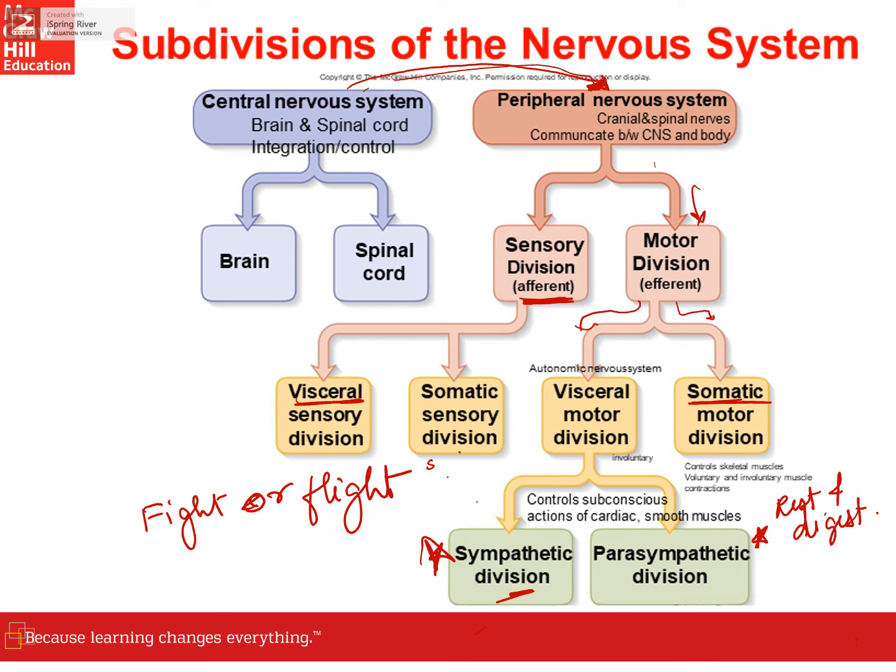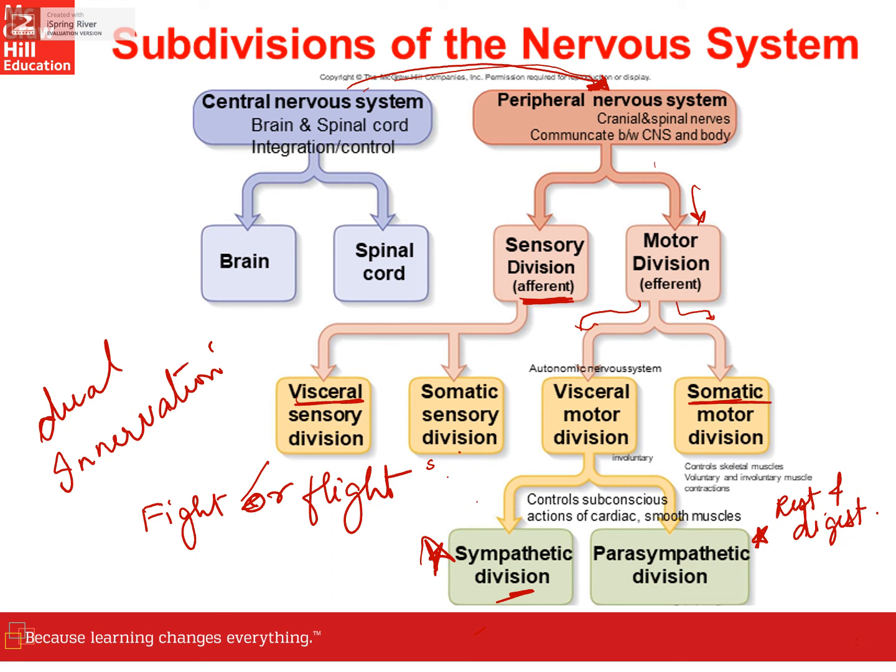When the parasympathetic division kicks in, your body calms down and you conserve more energy. The organs that take part in the sympathetic and parasympathetic divisions are usually dual innervated. Dual innervation, because they contain one set of neurons responsible for the sympathetic effect and another set of neurons responsible for the parasympathetic effect.